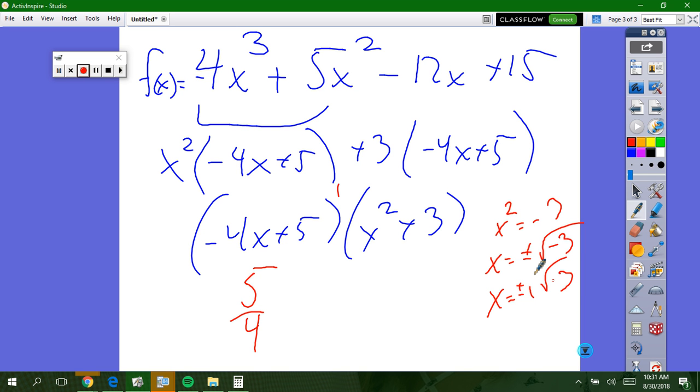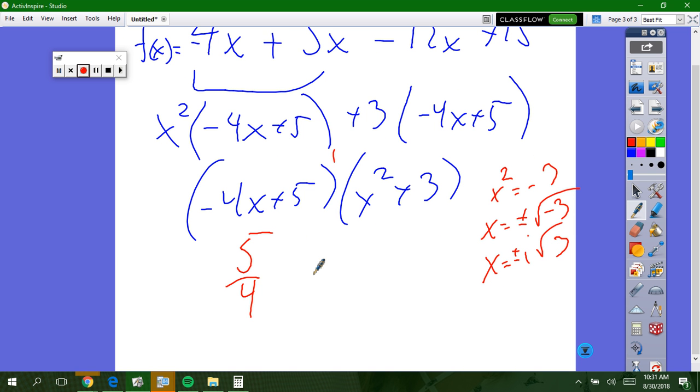Okay. What's the multiplicity on those though still? 2. Because each of them are their very own thing, aren't they? Isn't one of them x equals i root 3? x equals negative i root 3.